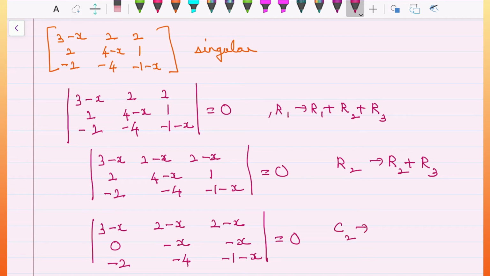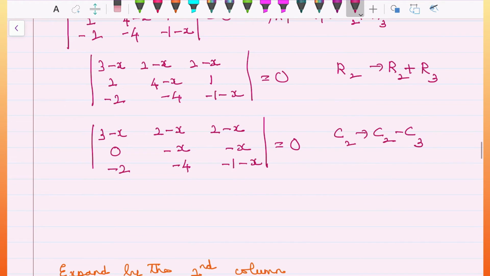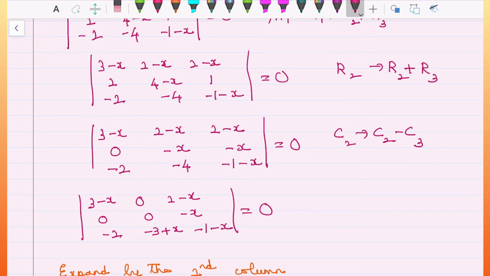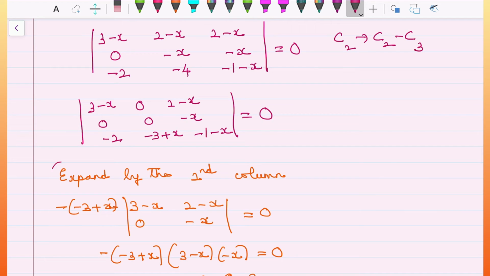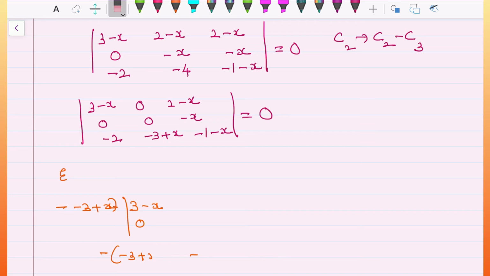Now if I were to do C2 minus C3, this would reduce to 3 minus x, 0, 2 minus x, 0, 0 minus x, minus 2, minus 3 plus x, minus 1 minus x equal to 0. And now I'm going to expand this by the second column.